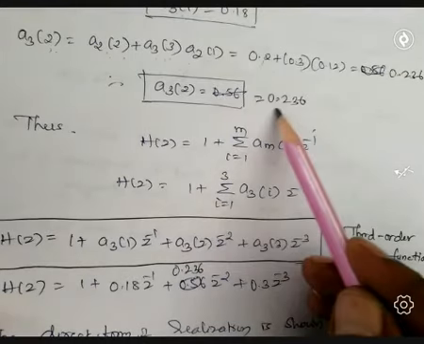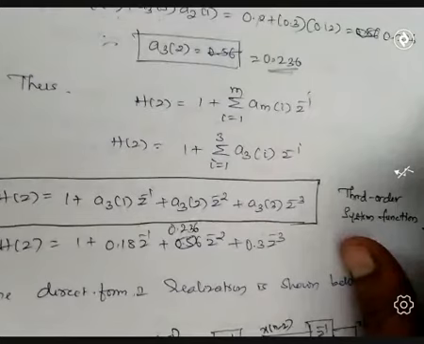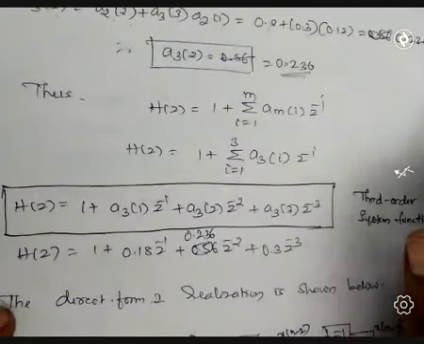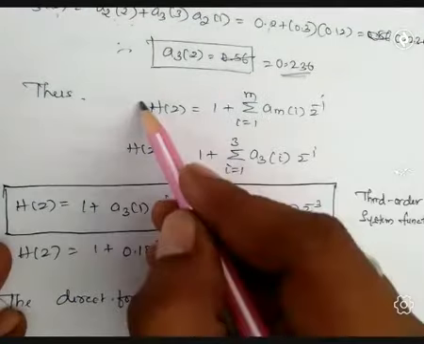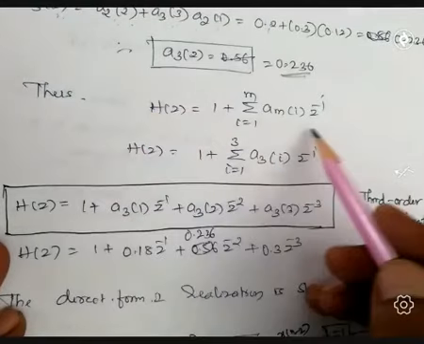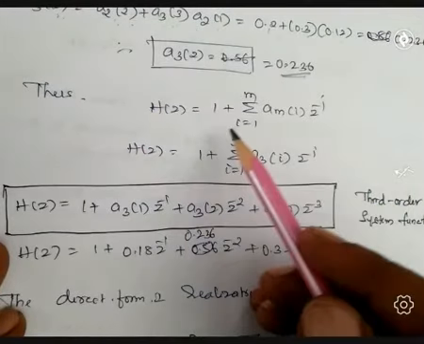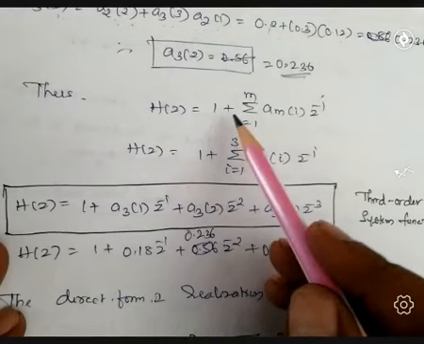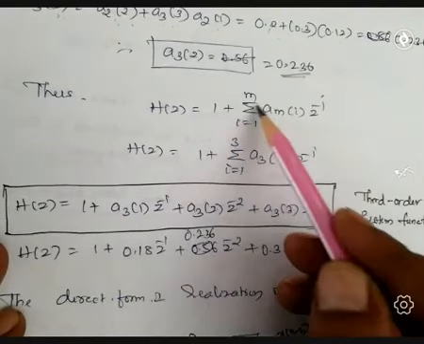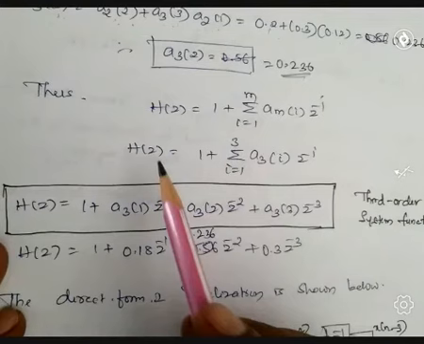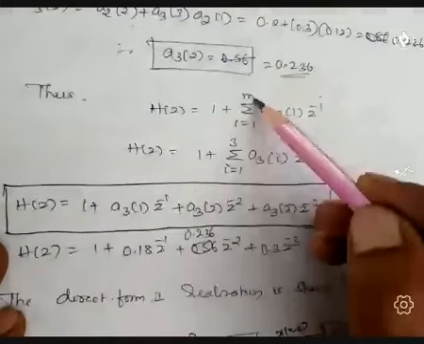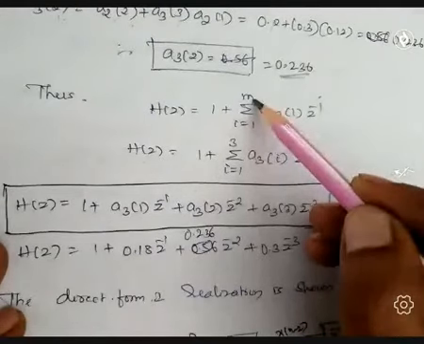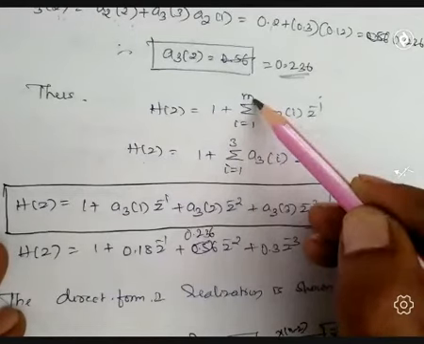Hence, what we are doing, we are realizing direct form, converting from lattice structure to direct form. This is the equation for converting from lattice to direct form. H of z equal to 1 plus summation over the limits I equal to 1 to M of A_M of I z to the power minus I. Here M is given, third stage lattice structure is there, because of that reason, M equal to 3.